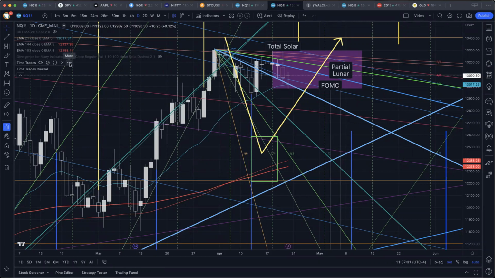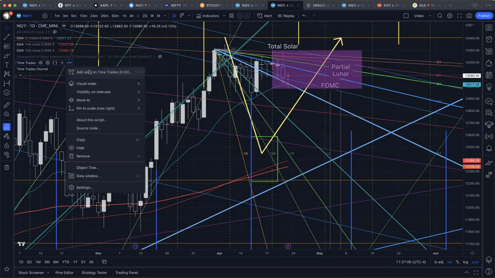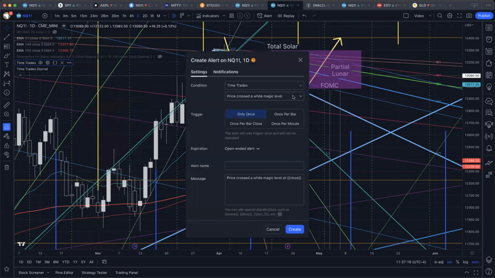If you click on the three dots here called More, you can now add alerts. I've integrated this into the existing alerting engine in TradingView, which is very good. So now you can add alerts for crosses of magic levels, either regular crosses where the close of the current bar is on the other side of a magic level, either white or orange, or gaps.